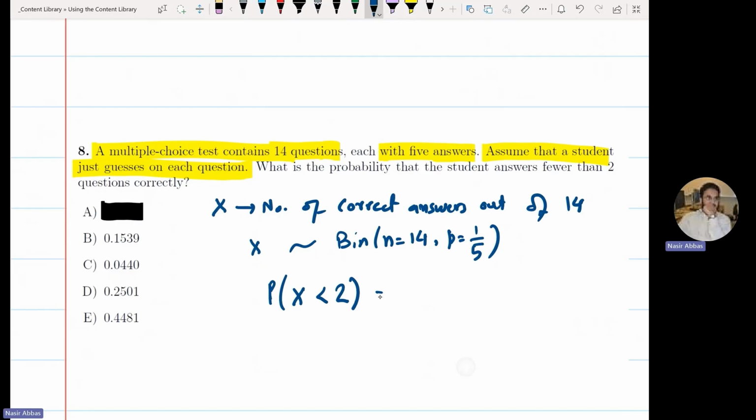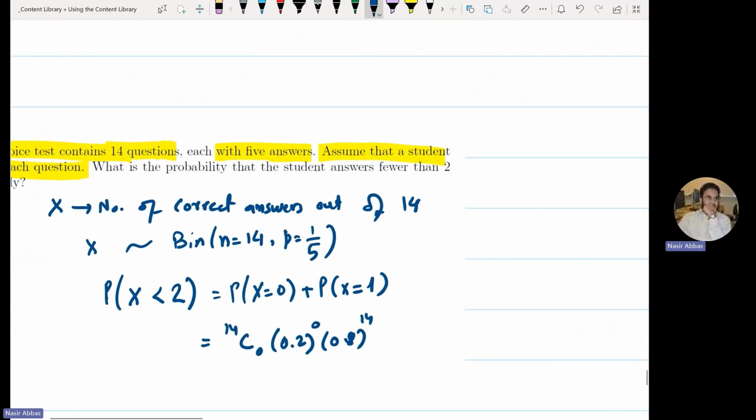So you are supposed to find the probability of X equals 0 plus the probability of X equals 1, not 2. Equality is not included. And this will be 14 combination 0 times 0.2 to the power 0 times 0.8 to the power 14, plus 14 combination 1 times 0.2 to the power 1 times 0.8 to the power 13.